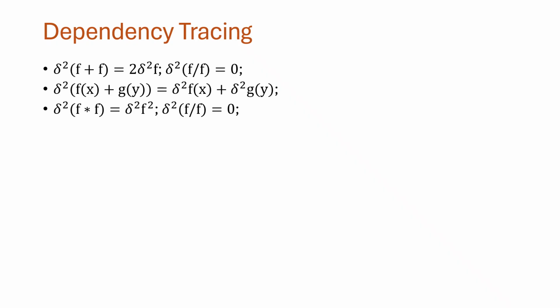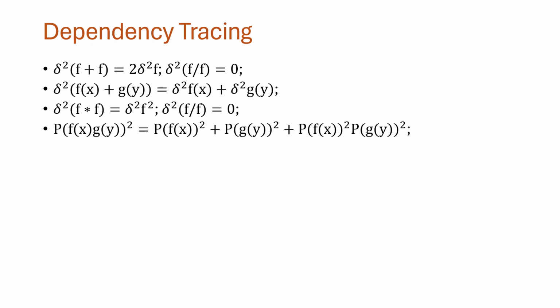Also, F times F should be F squared, F divided by F to have variance 0. And if F(X) and G(Y) have a completely different set of input variables, they should obey the product law.